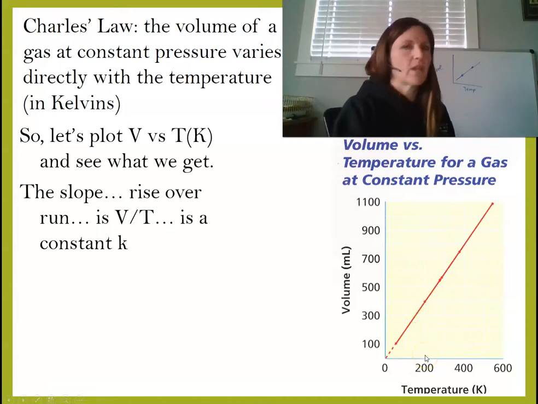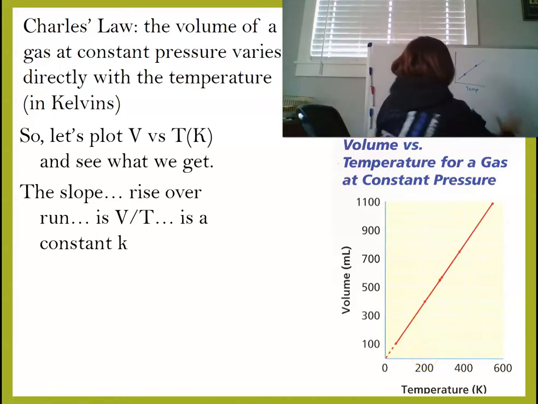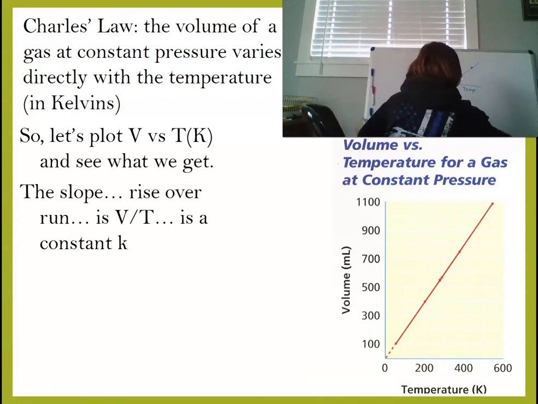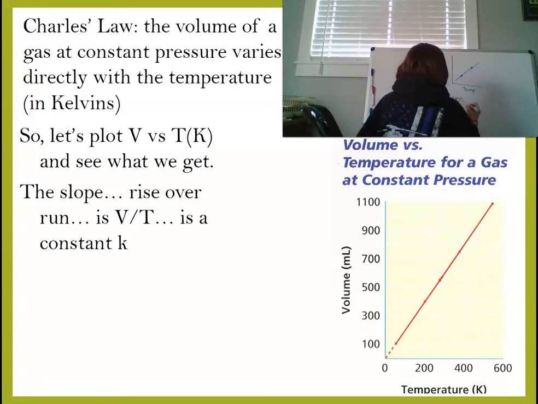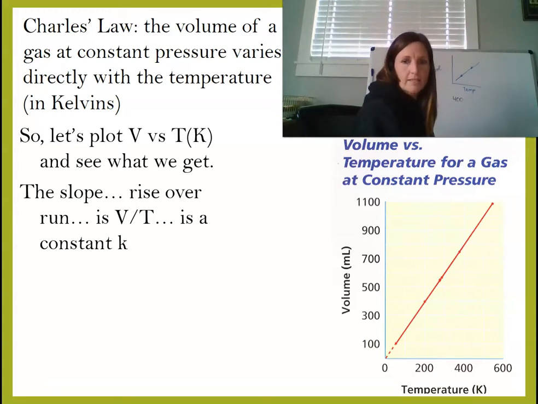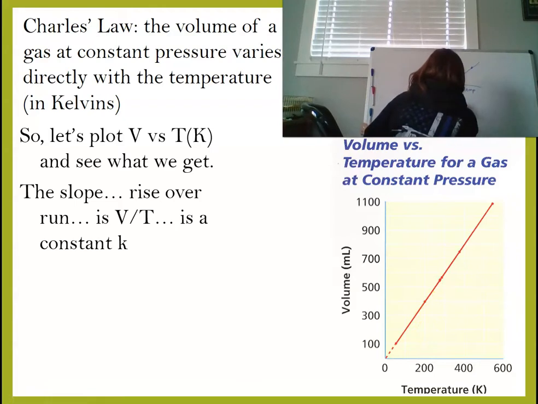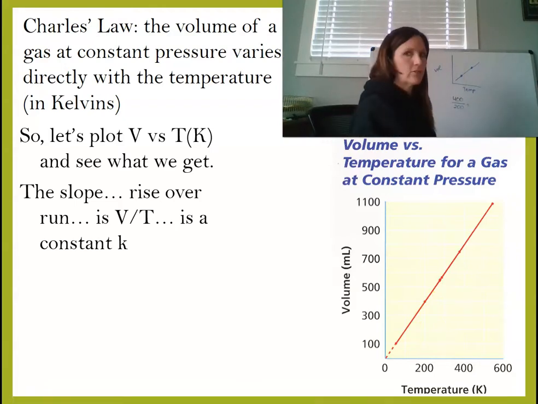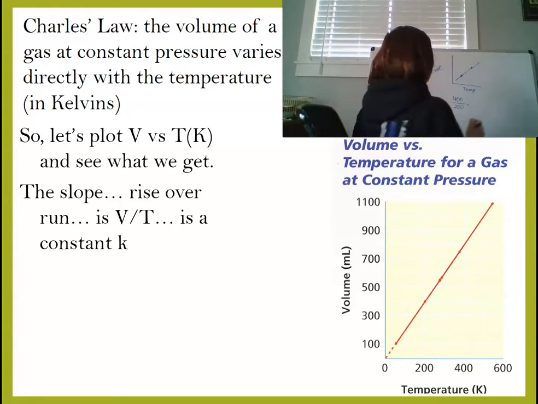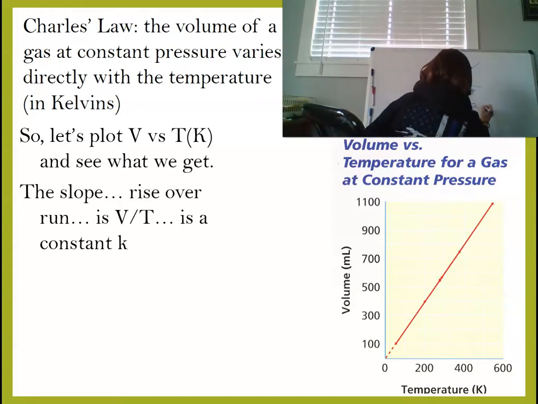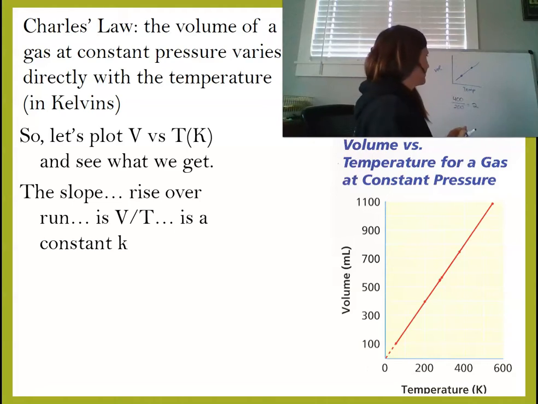So we would have the slope of our line that might be something like 400, which is our rise, and again, we're looking at this point right here, 400 divided by 200. And we know that 400 divided by 200 should be 2, right? Like 4 divided by 2, right?